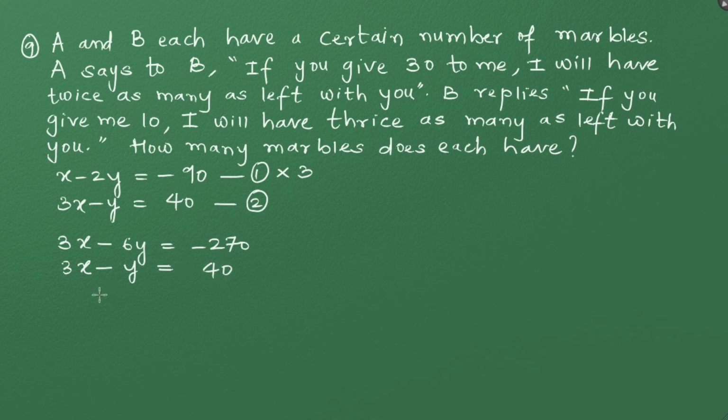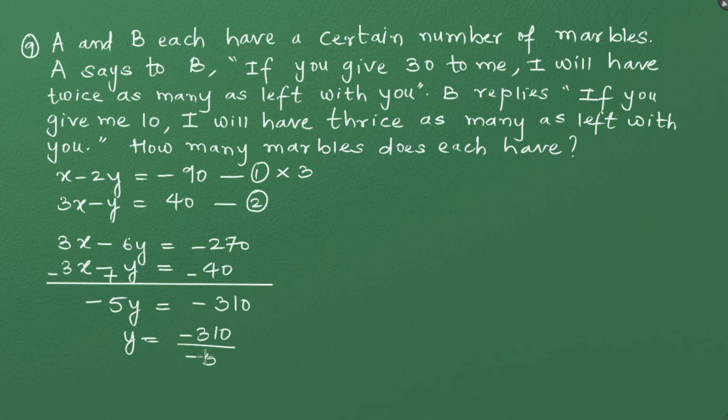Now subtract these two equations. So this is minus 5y equals minus 310. So y equals 62.